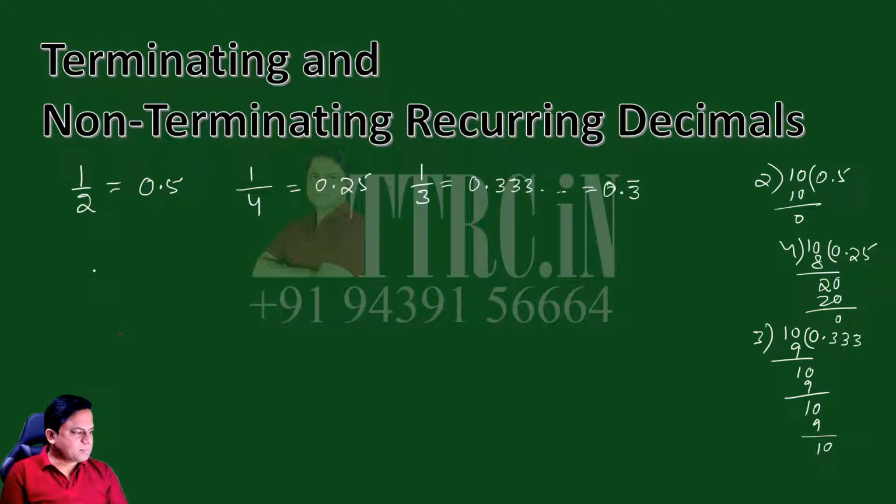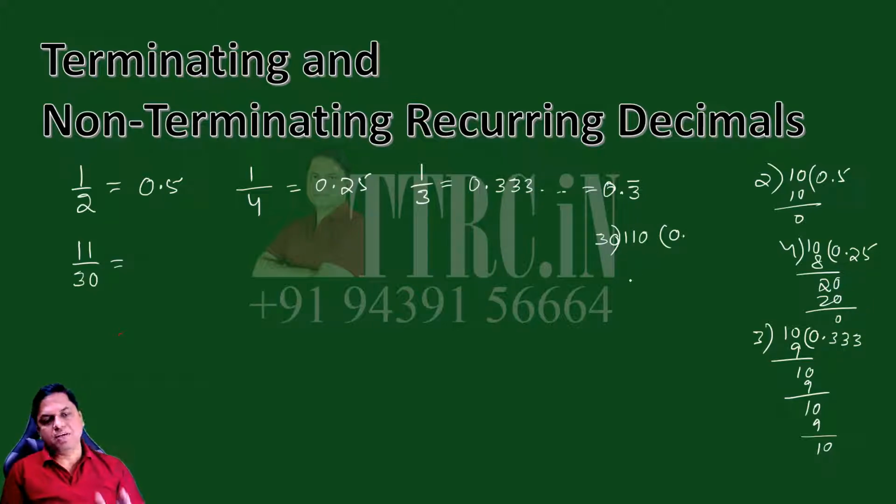Then we will take another example. Suppose our example is 11/30. So we will divide 11 by 30. Again it is not possible, so we put a 0 here and a decimal sign here. Then 3 3s are 90, 3 4s are 120, so we will use 3 here. 3 3s are 90, remainder 20, put a 0.